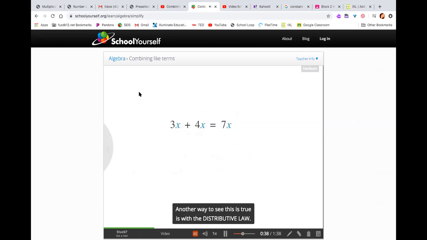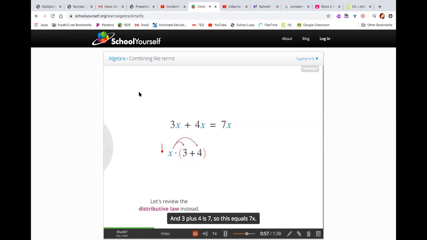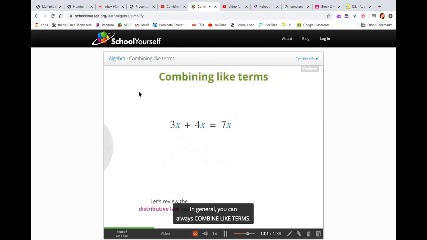Another way to see this is true is with the distributive law. 3x plus 4x is the same thing as x times 3 plus 4 in parentheses. If you distribute the x onto the 3 and the 4, you get 3x plus 4x. So these two expressions really are the same. And 3 plus 4 is 7. So this equals 7x. In general, you can always combine like terms.